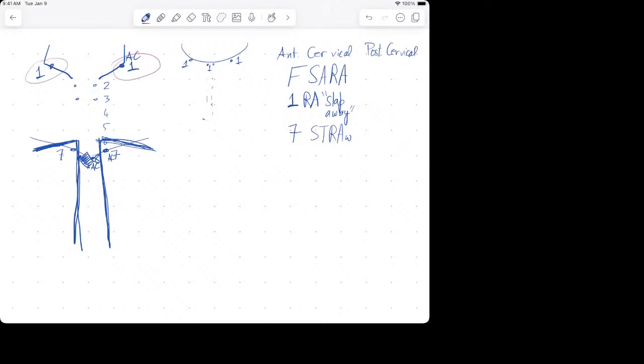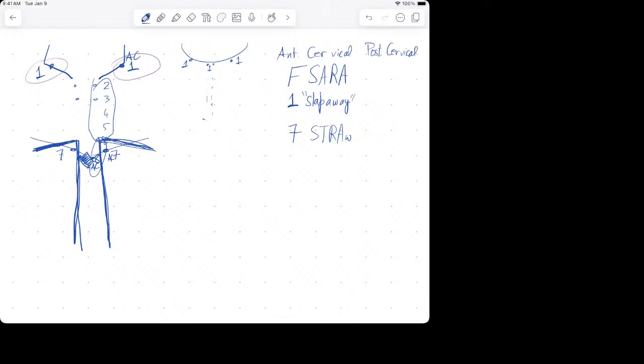So F Sarah for all the other points anteriorly, and then 7 straw and 1 slap away. You're 1 slap away from drinking out of a straw. So F Sarah for everything else; for 1, it's slap away, and for 7, it's straw. And they'll tie into something else really soon.